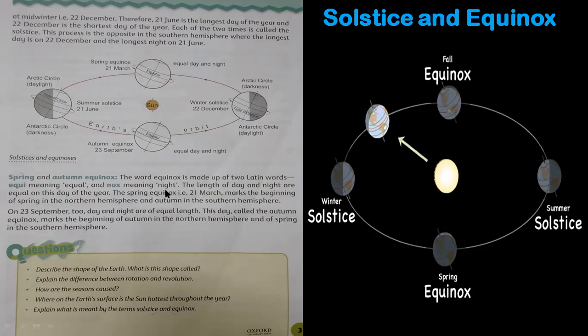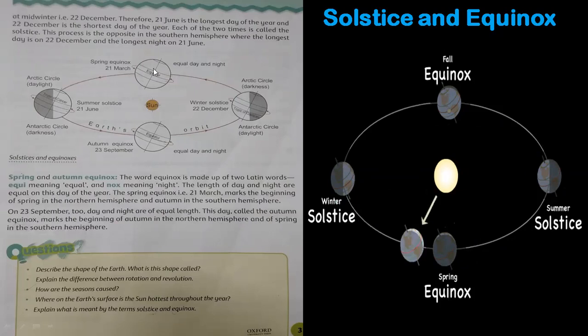The spring equinox, for example, 21st March, marks the beginning of spring in the northern hemisphere and autumn in the southern hemisphere. On 23rd September, too, day and night are of equal length. This day, called the autumn equinox, marks the beginning of autumn in the northern hemisphere and of spring in the southern hemisphere.